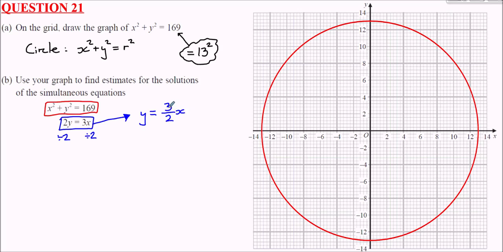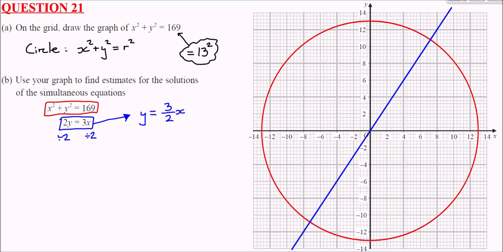The gradient of this one is 3 over 2, or 1.5. So for every 1 unit I go along, I go 1.5 units up. For example, if I went 4 along, I'll be going 6 up. So the straight line, 2y equals 3x, needs to be drawn like this.